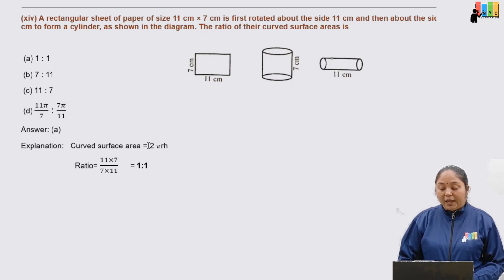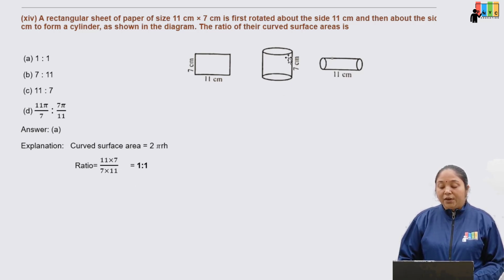Here 2 pi r means the circumference of the circle. So if we roll about 11 centimeters, 2 pi r will be 11. What will be h there? h will be 7.